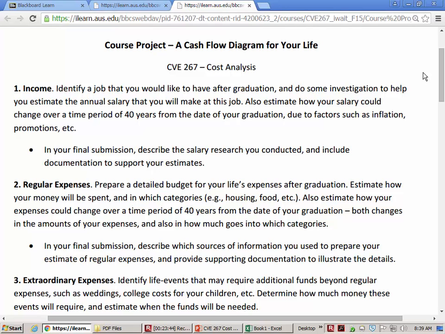Prices for fuel, prices for food, and so on, housing. But then there's also promotions. Maybe you'll go from an entry-level engineer to the section head, and then you'll become the manager, and then you'll become the president of the company. All right? So, that's great. Assume that and show me how those assumptions affect your income over time.